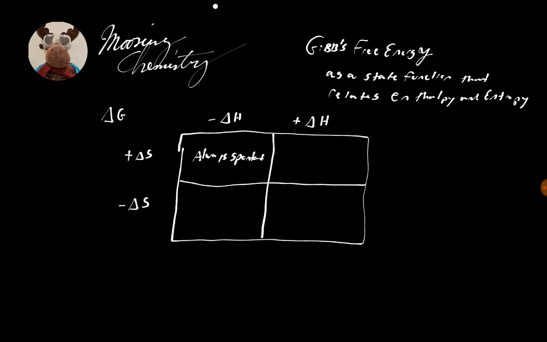When entropy is negative and enthalpy is negative, at high temperature it's non-spontaneous. Correction: high temp, non-spontaneous, and at low temp, it's going to be spontaneous.